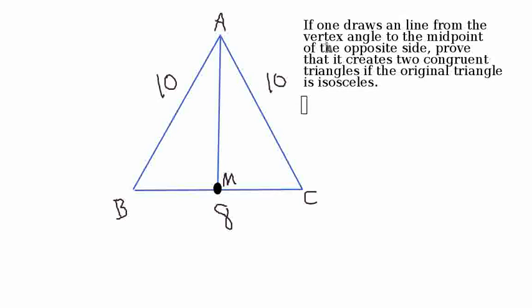All right, so in short, if you're given an isosceles triangle and I draw a line to the midpoint of the opposite side from the vertex angle, can I show that I created two identical triangles?